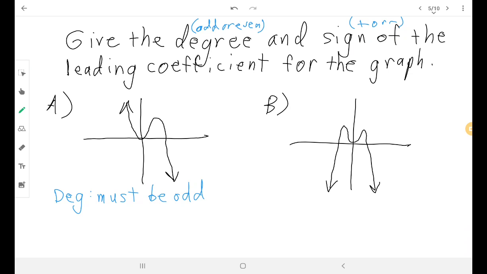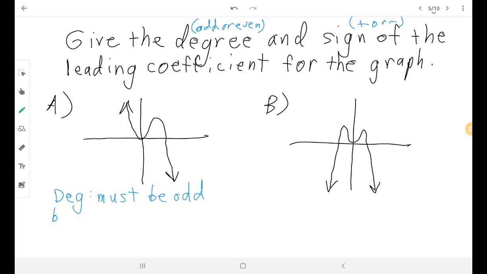That is, if you started writing the equation for this function, your largest exponent would have to be a 3 or a 5 or a 7 or a 9. It would have to be an odd number. So the degree must be odd.